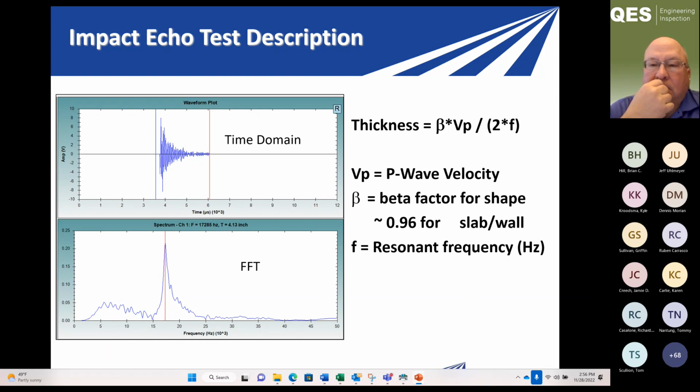So we take this time domain data and do a fast Fourier transform, or FFT, to identify the resonant frequency of the pavement. That resonant frequency indicates the thickness, but it's going to shift either higher or lower if there's an anomaly in the pavement.